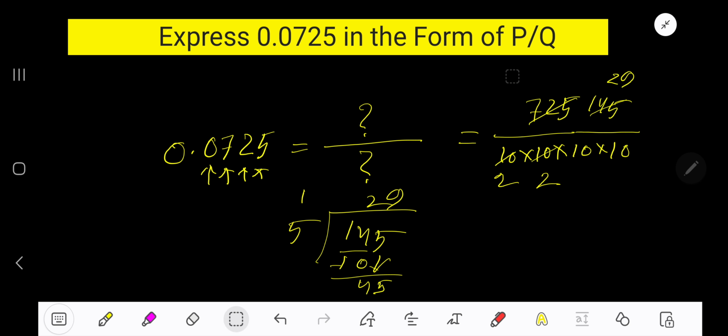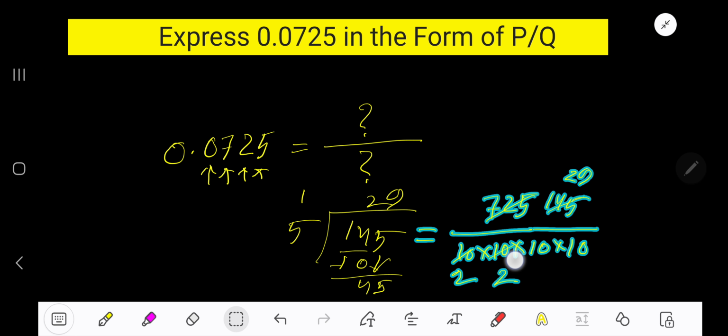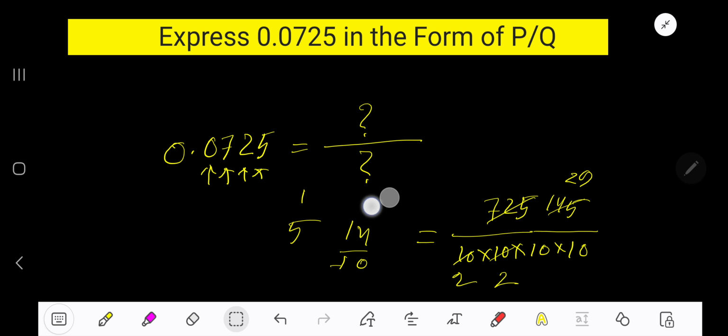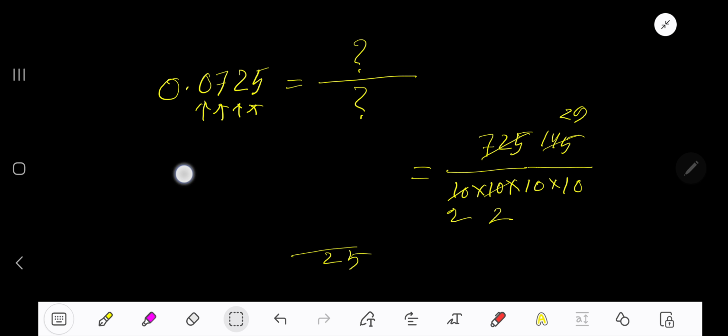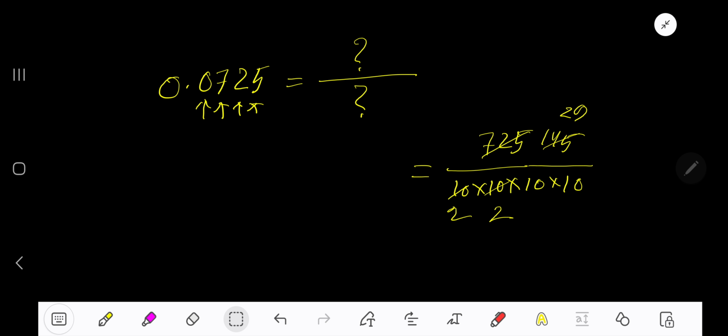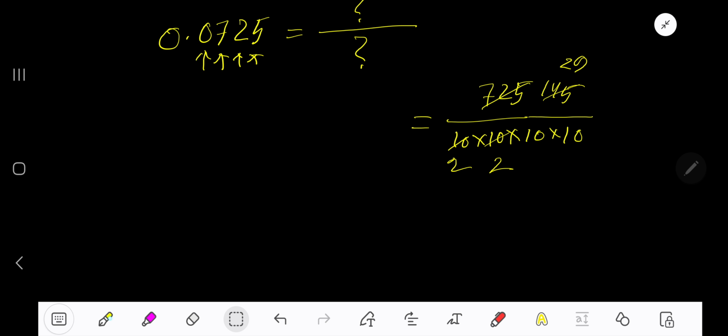Okay. So let me take the whole thing here. Now we have 29 in the numerator, and in the denominator we have 2 times 2 times 10 times 10.